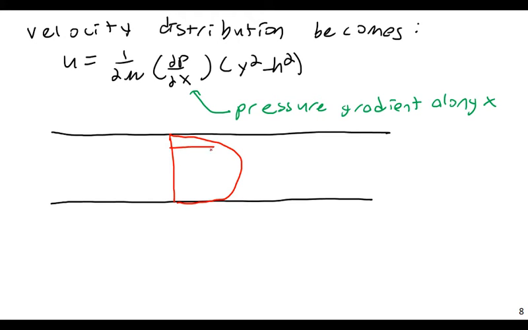So we see that if there is any kind of variation in x, but at a given x value, if I look at just a single x coordinate here, the velocity will depend on the y and the h here. Basically, y being the exact coordinate and h being the actual dimensions of the pipe.